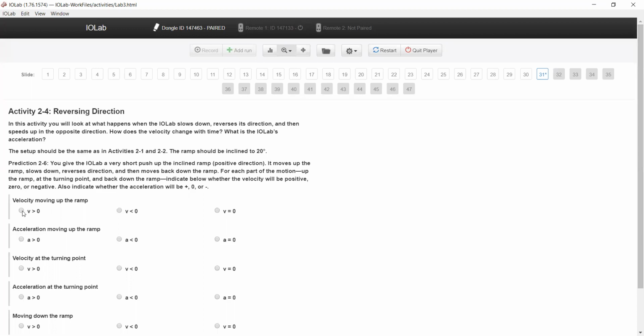Velocity is greater than 0 while moving up, since velocity has the same sign as the direction we are moving in. Now we have a general rule: speeding up in a direction gives the same sign of the acceleration, and slowing down in a direction gives the opposite sign to that of the direction.